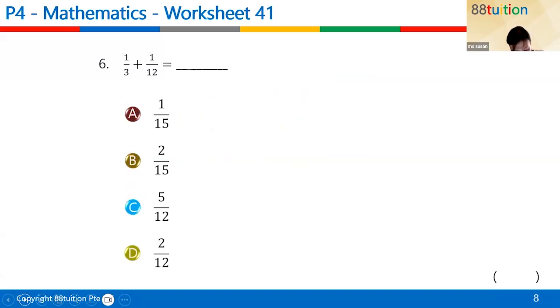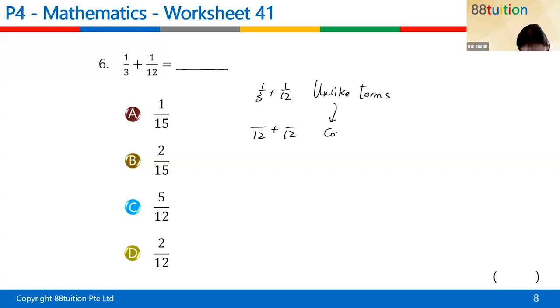Question 6. 1/3 plus 1/12. These are called unlike terms, right? So for unlike terms, what must we do? We must make the denominators the same, so change them into a common denominator. With the common denominator of 12, we must change 1/3 into 4/12.